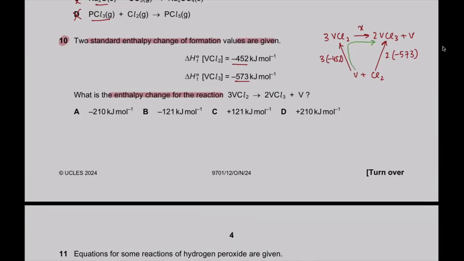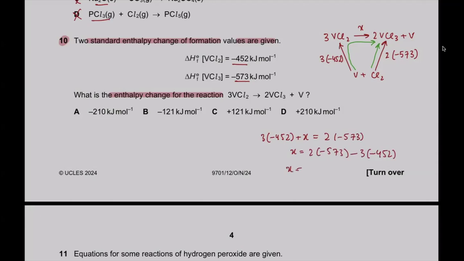So if you see the Hess cycle, this is indirect route and this is a direct route. So the expression is going to be 3 times minus 452 plus x is equals to 2 times minus 573. So x is equals to 2 times minus 573 minus 3 times minus 452.